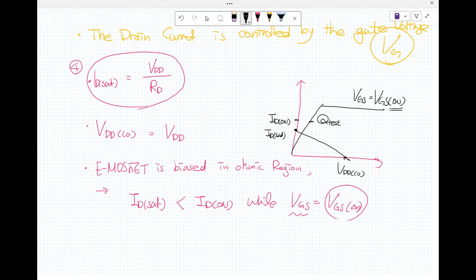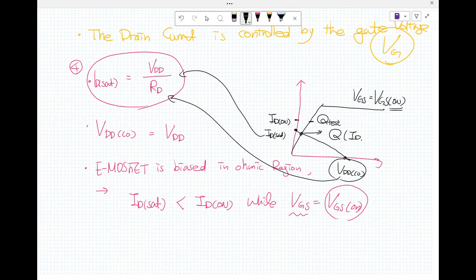You know, that was the formula like this one. That was the Q point, I sub D and V sub DS. Okay. This is Q.